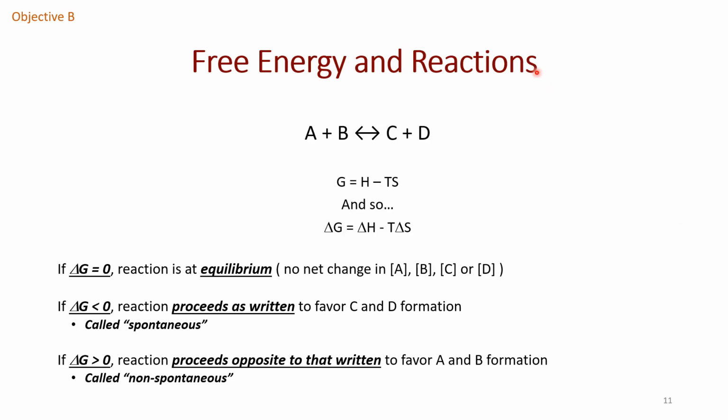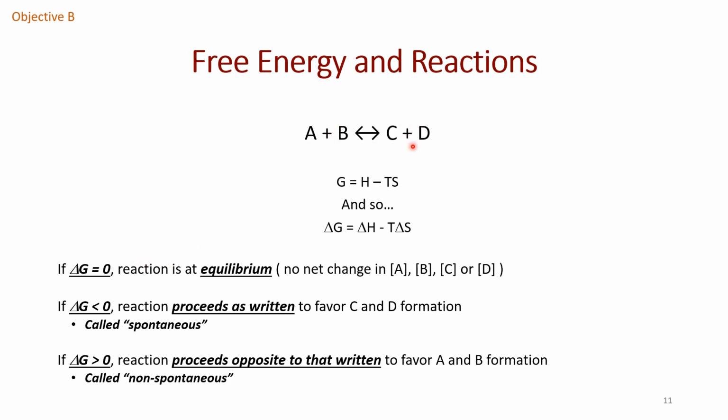So how does free energy affect reactions? We're talking about biochemistry, we're talking about molecules reacting, we've talked about enzymes before. We're looking at two substrates, A plus B, and there's going to be some chemical reaction where they have something going on and they come off as products, C plus D. And there's going to be some free energy associated with the change in state from state 1 to state 2 here.